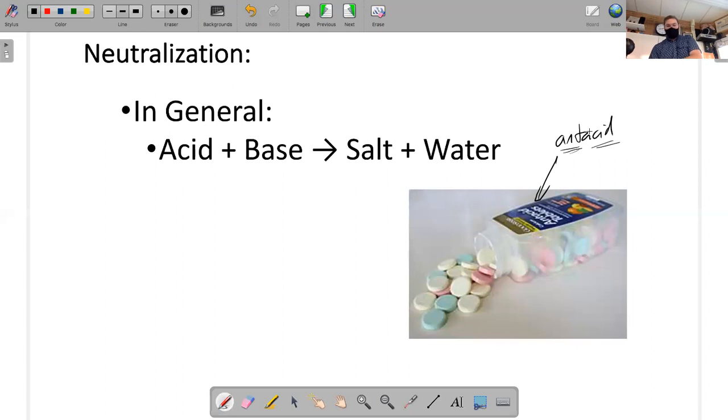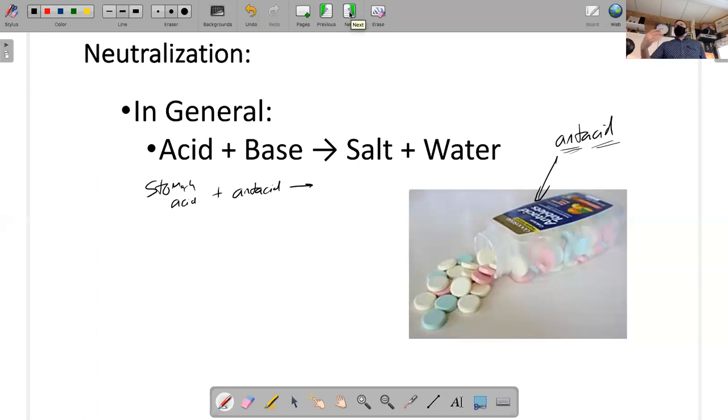So really, an antacid is actually just a base. You're taking something that's basic, and as a result of having the stomach acid and an antacid tablet, you end up making just salt and water, and it's actually going to be calcium chloride and water, which is totally safe. It's just in your stomach.